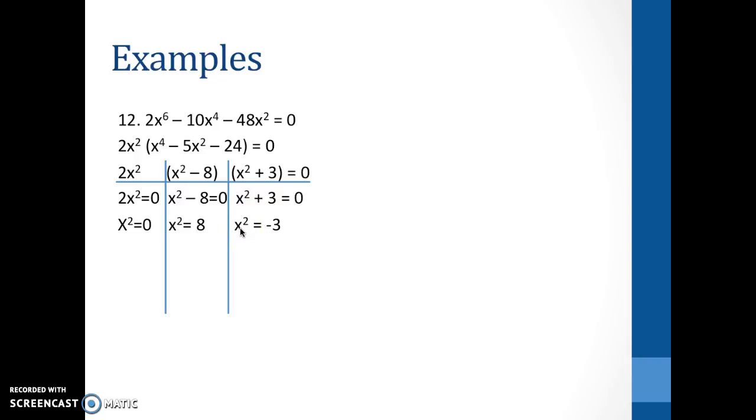Next, I have x squared, but I want to solve for x only, so I have to take the square root of each of these. When I do that, I have x equals 0 over here. Then I take the square root of x squared and the square root of 8.